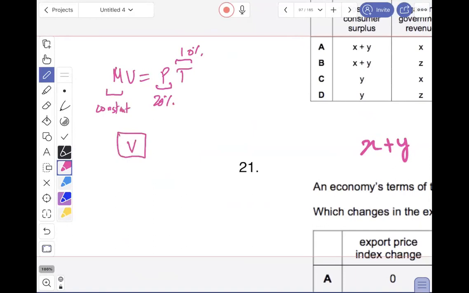The answer will be that V will go up by 20% plus 10%, which is 30%.